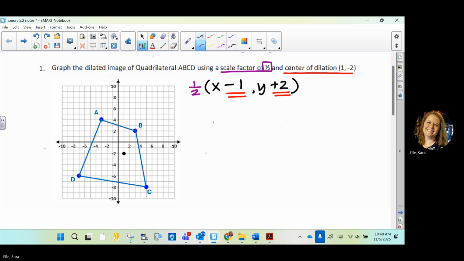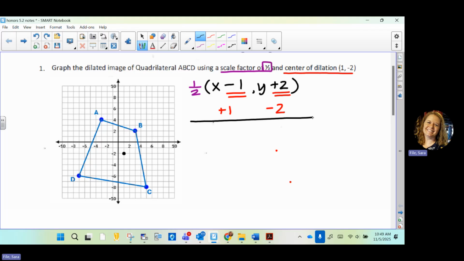Then, once you do that, since what we started out doing was shifting everything to center it at the origin, now we have to shift it back. So now I have to do the actual direction of the center of dilation, which is going to be to add 1 to the X and subtract 2 from the Y.